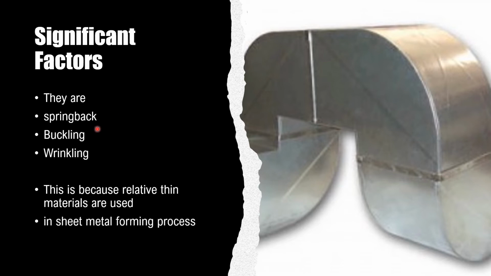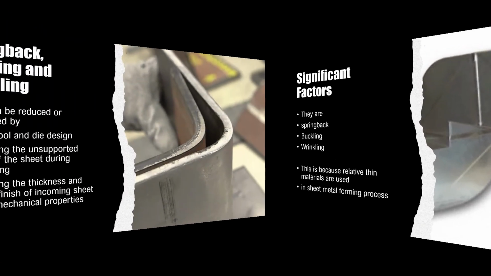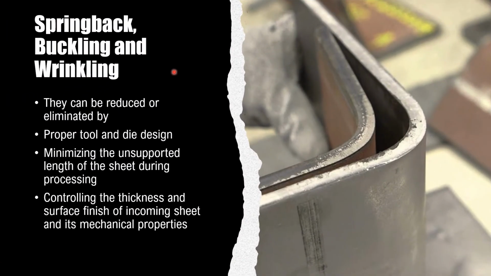We're going to pay attention to significant factors in the sheet metal forming process, because we're dealing with relatively thin material. So we pay attention to spring back, buckling, and wrinkling. Spring back, buckling, and wrinkling can be reduced or eliminated. We can use proper tool and die design to do that.